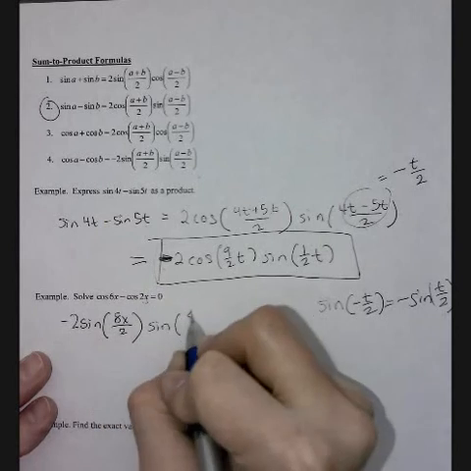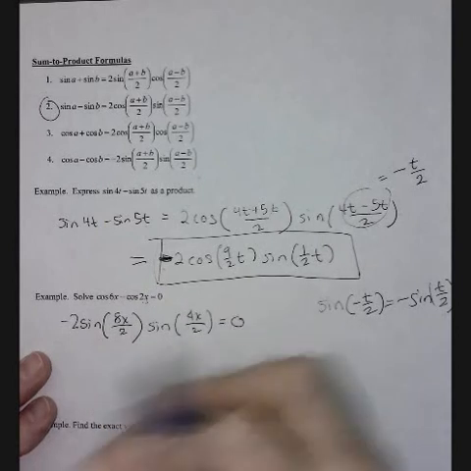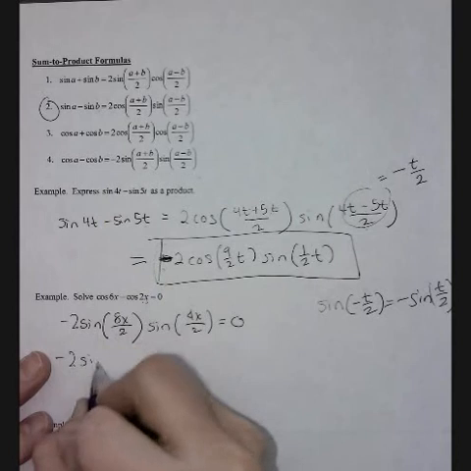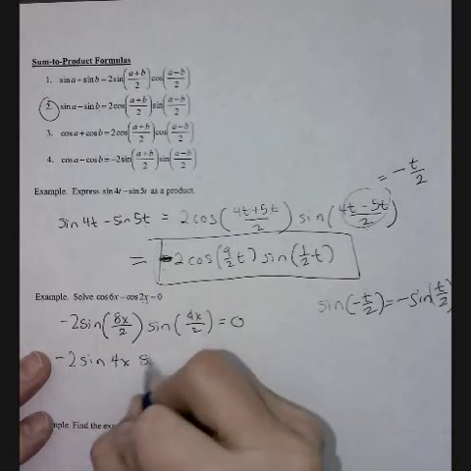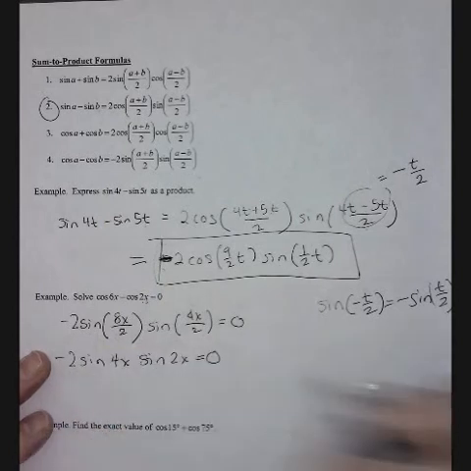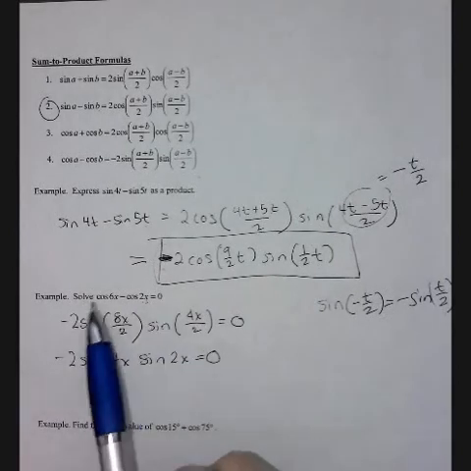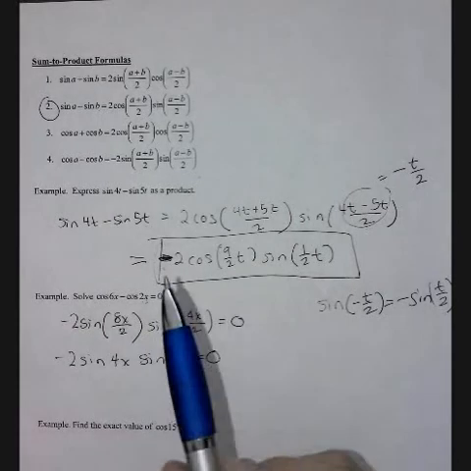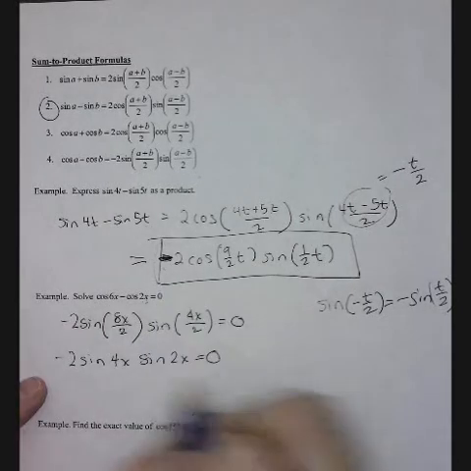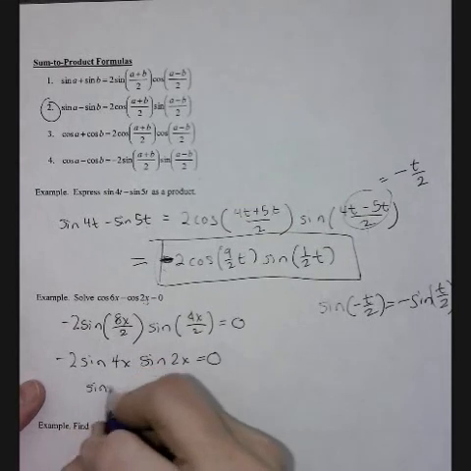That equals 0. So negative 2 sine 4x sine 2x equals 0. And I didn't say what type of solutions, so then we would assume we want all solutions, right? We can divide both sides by negative 2, and basically just set each of these factors to 0.